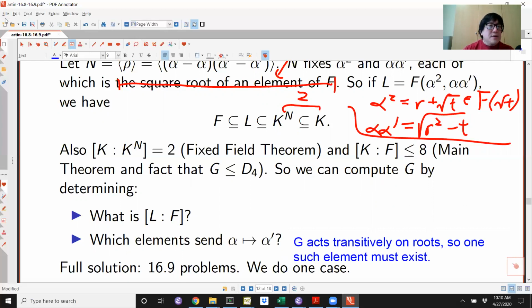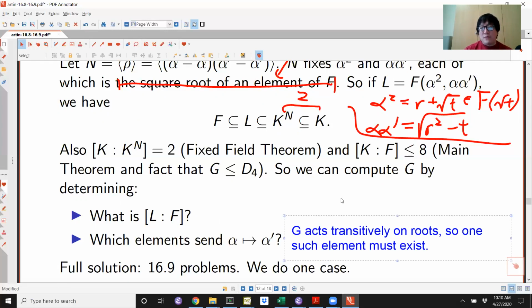This is a combined answer to both what Ravi is asking and what Monroe is asking. Once we get down to this level of detail, since G acts transitively on the roots, there's going to be some element sending alpha to alpha prime. And then using these other known properties, we figure out where minus alpha goes, and so on.